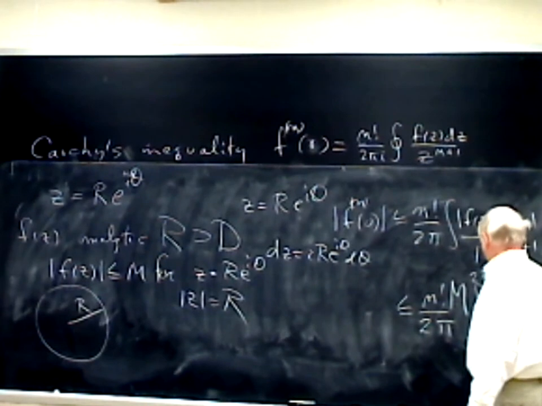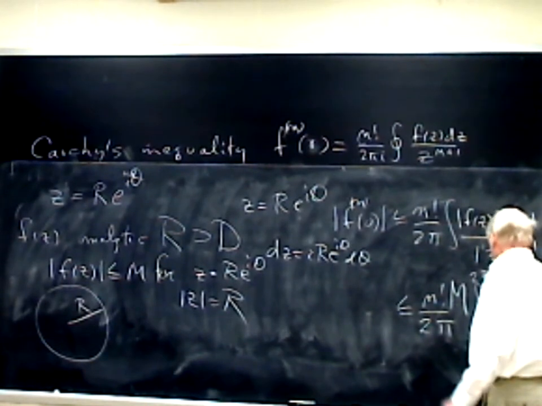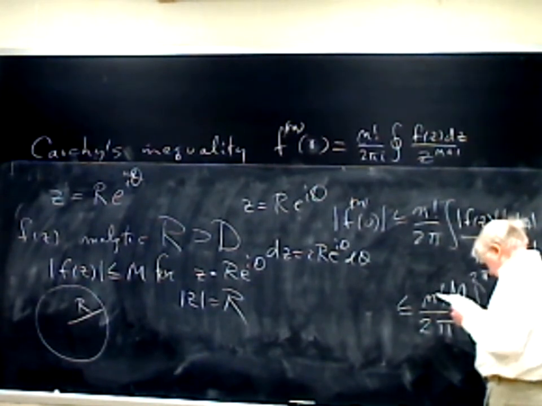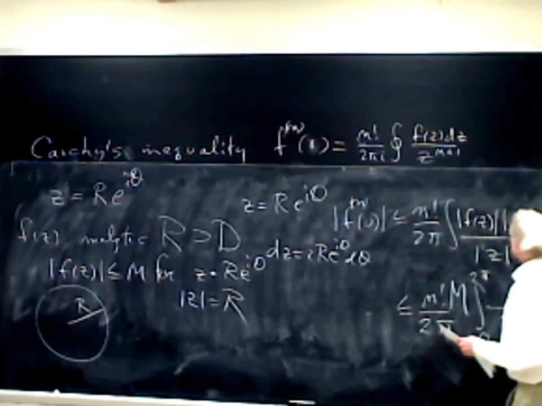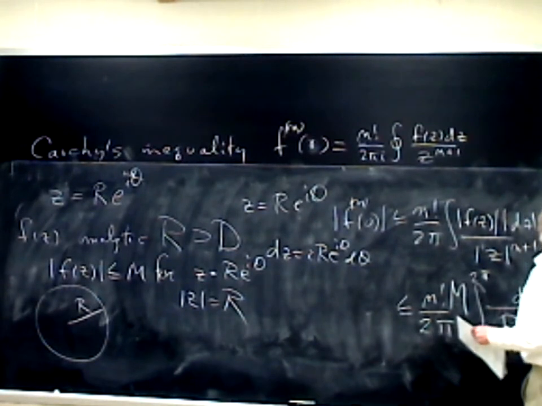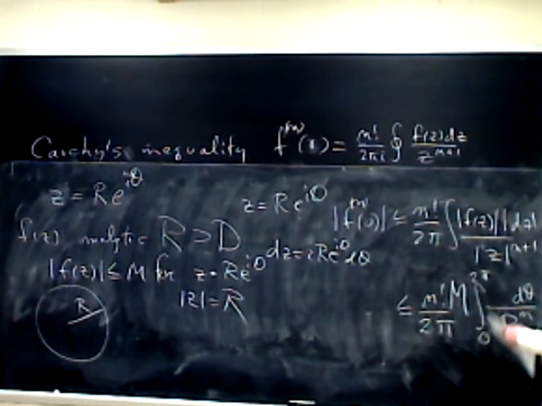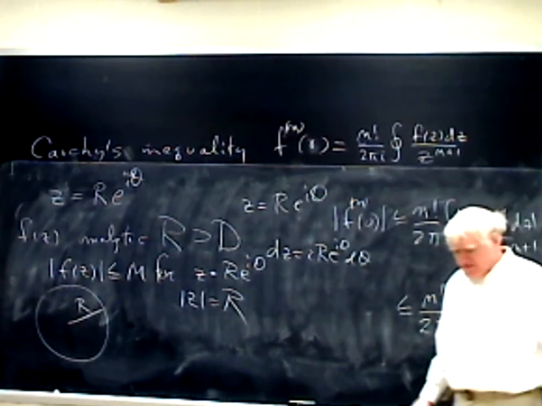There's an r up here, so this is r to the n. That means the nth derivative at 0 is less than or equal to n factorial M over r to the n. The 2 pi's cancel with the integral over d theta, which is 2 pi.